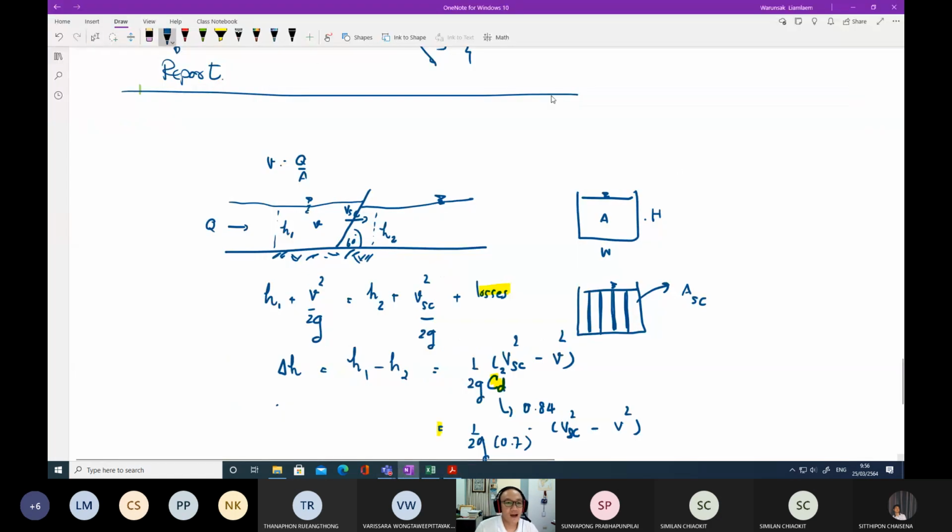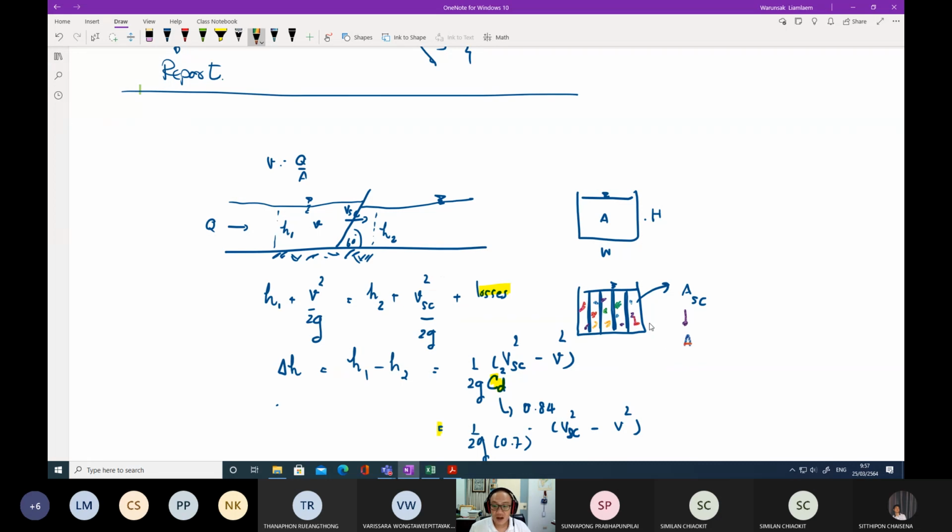Sometimes the opening areas of the screens may get clogged with debris or trash, so the opening areas of these screens will become smaller, because a certain amount of trash gets clogged in front of the screens.